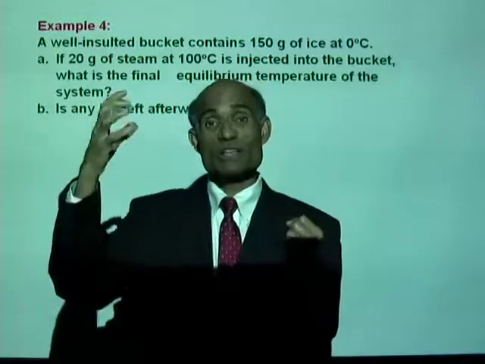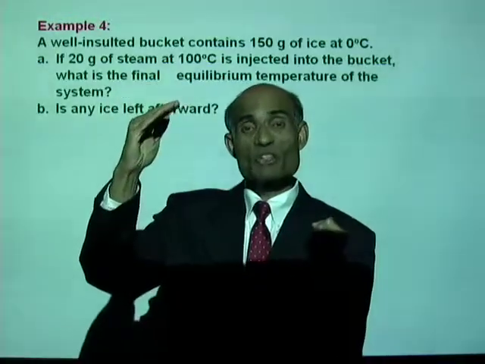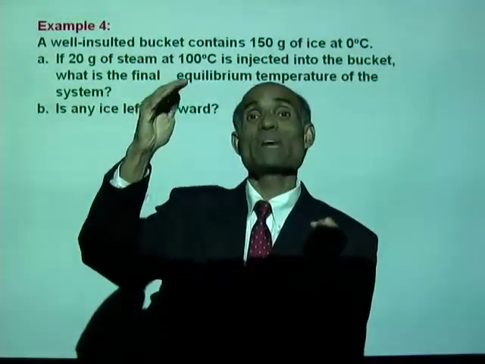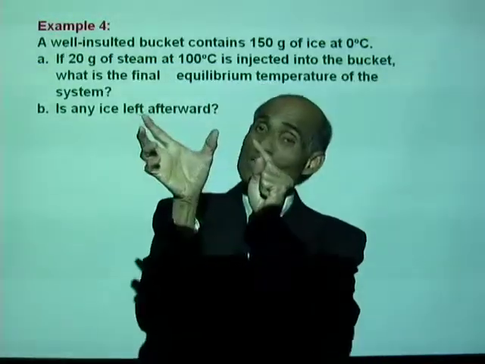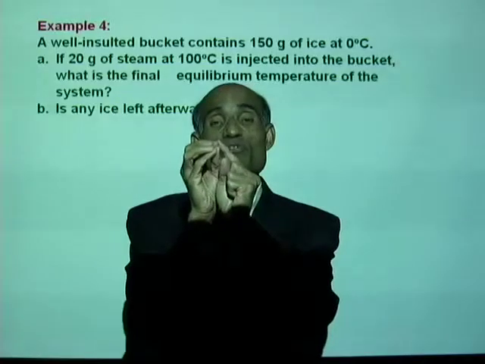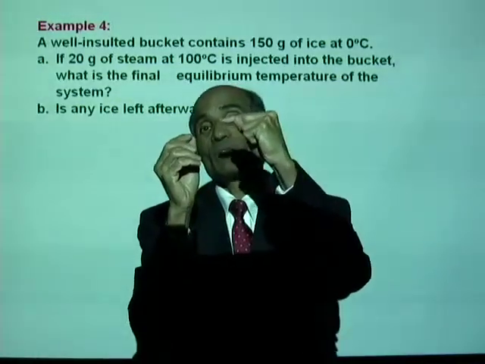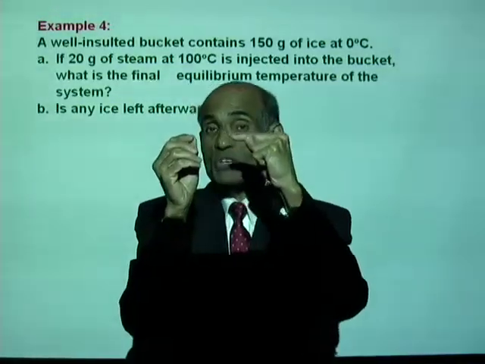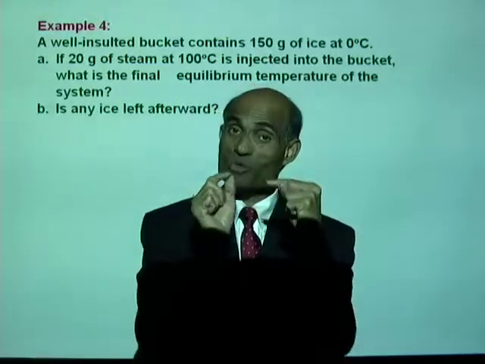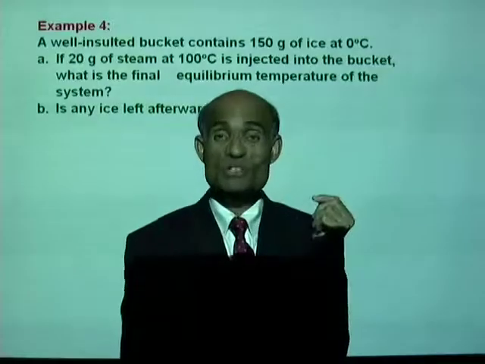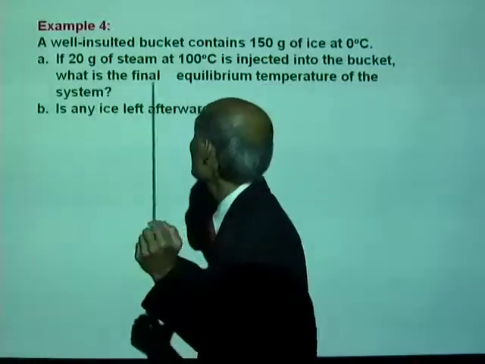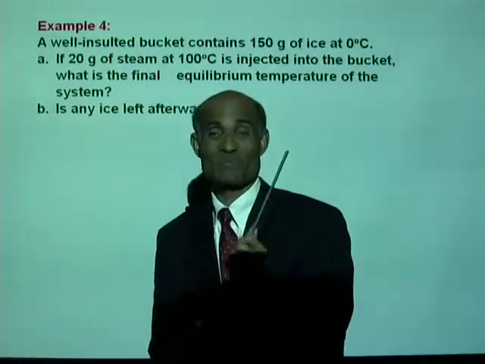Well, first of all, steam at 100 degrees Celsius is going to condense to water at the same temperature, releasing an amount of energy. Then, water at 100 degrees Celsius is going to come down to a lower temperature. We don't know what that lower temperature is. We are supposed to find that lower temperature.